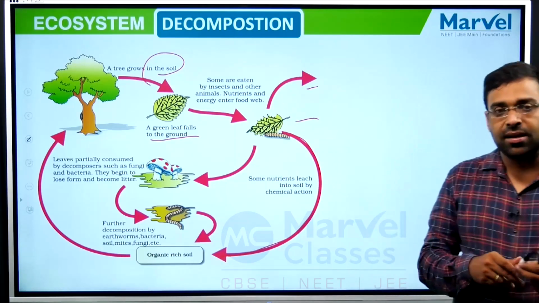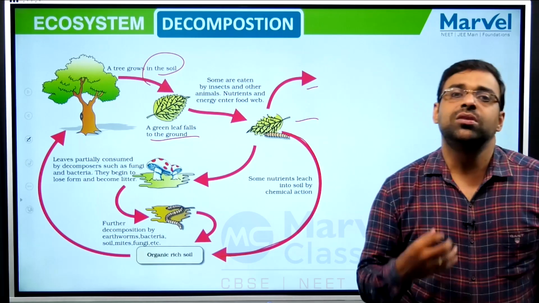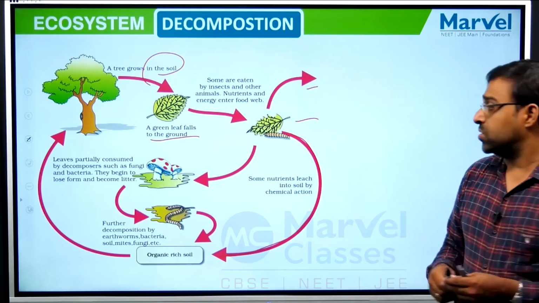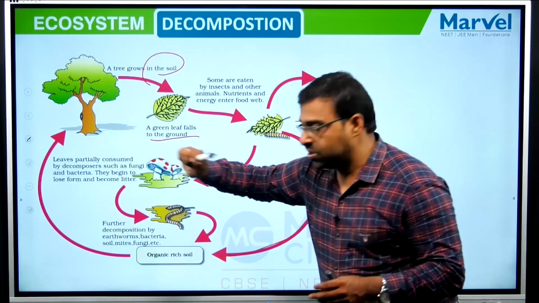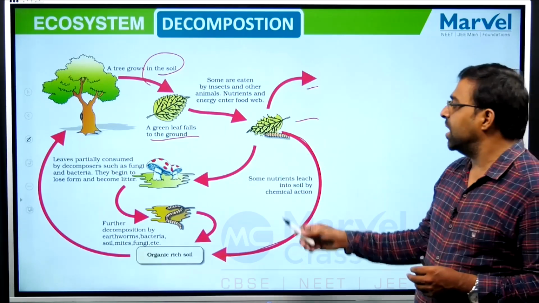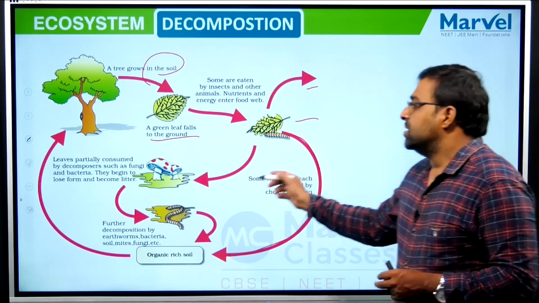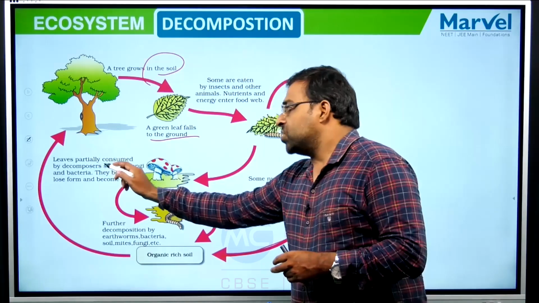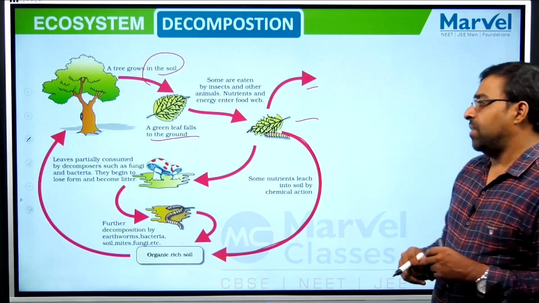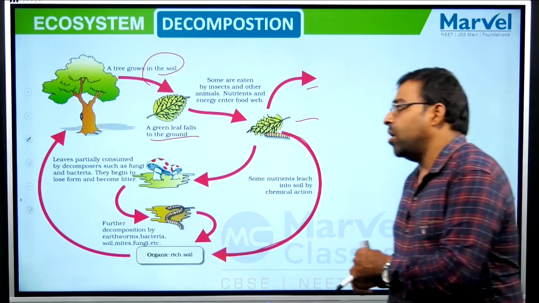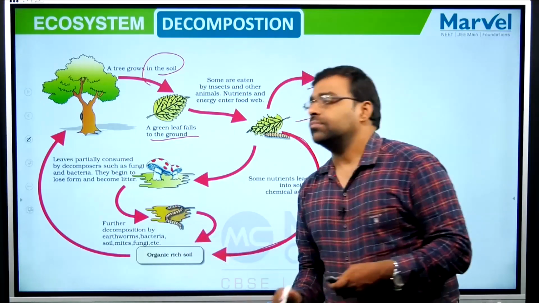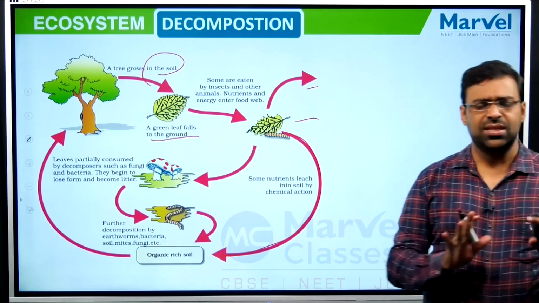The leaf litter also serves as good compost or humus, so again this goes as rich nutrients to the soil. Of course, it is being decomposed. See here, largely leaves are partially consumed by decomposers such as fungi and bacteria. They begin to lose their form and become litter. So this is a flowchart just for an idea.